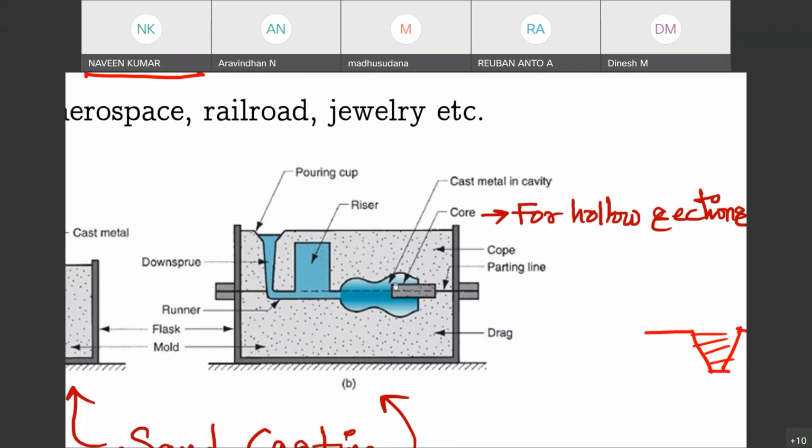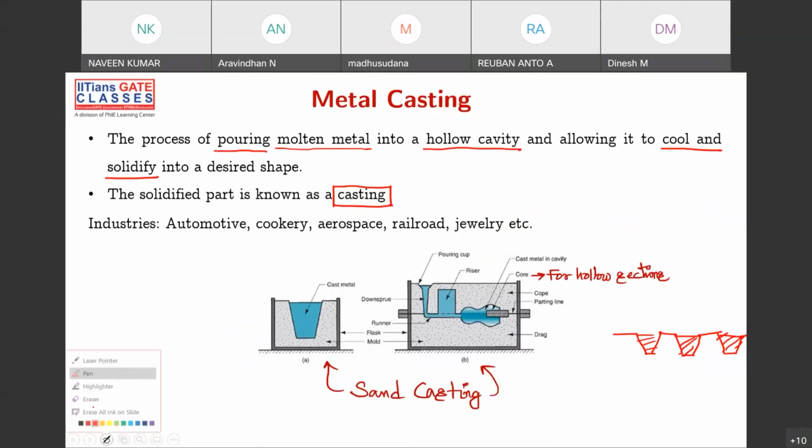We'll be discussing all these things in coming slides, but I'm just mentioning here, core is nothing but when you want to create some hollow sections. Let's say this is your cylinder, and we want to have a hollow cylinder. What will I do? I keep some sand particle in between also, right?